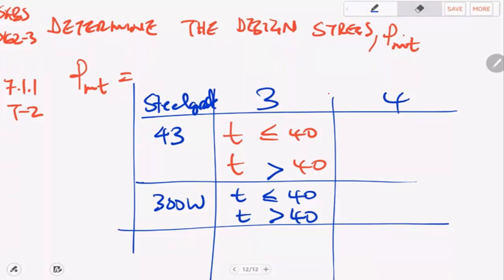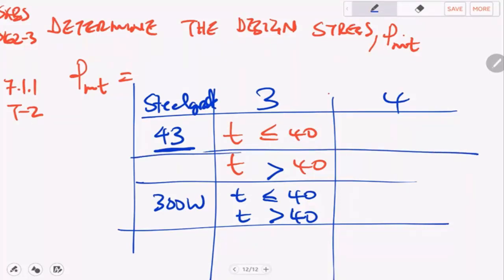So let's deal with grade 43, because that's the one with a lot of tables referred to here. If you're dealing with grade 43 steel and we know the thickness is less than 40 millimeters, there is no hot rolled structural steel section with a thickness greater than 40.